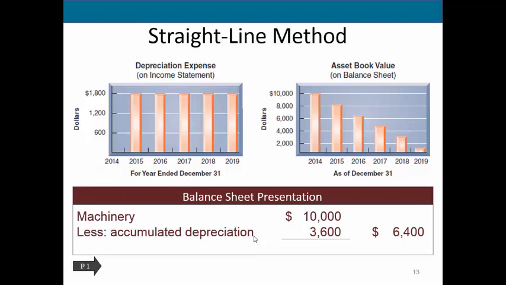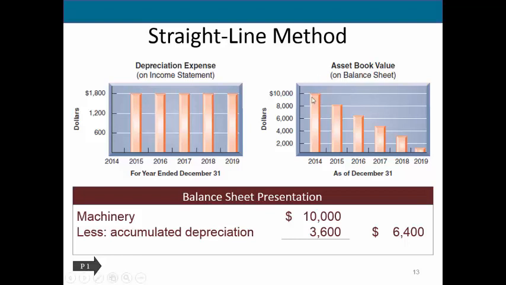So here we have our straight line method. You can see here we're going to have the same amount of depreciation expense each and every year. So $1,800 of depreciation expense. And then if we look at our balance sheet, we can look at the book value or the carrying value of that asset. The carrying value or book value is that net value, which is its original cost minus accumulated depreciation.